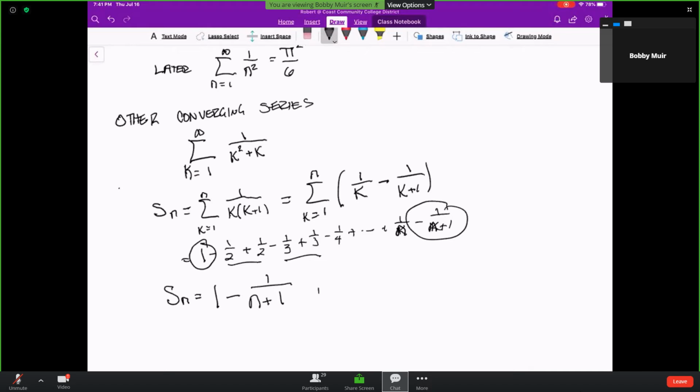Okay, so anyways, this guy telescoped and he got to there. Now, the sum from 1 to infinity of 1 over k times k plus 1 is the limit as n tends to infinity of this Sn. And somebody tell me what that limit is.